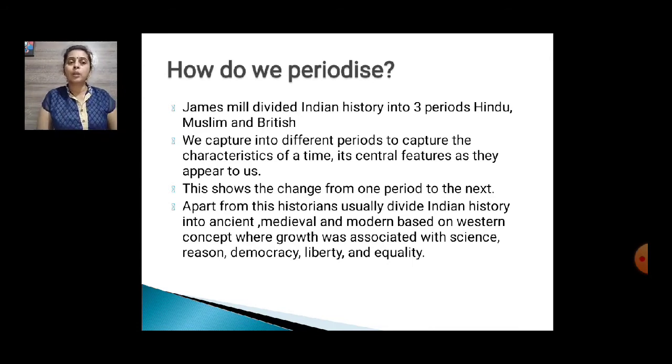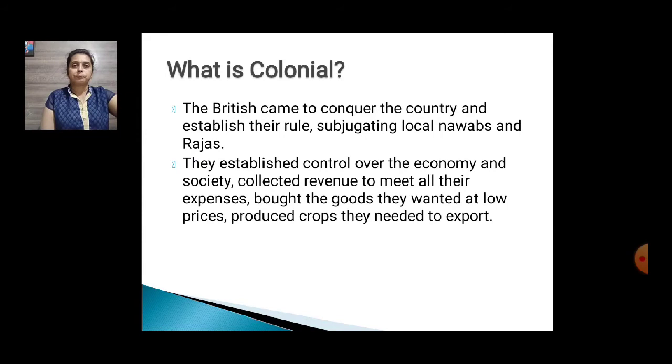Based on the growth associated with science. Science में कितना improvement हुआ? How the scientific things were there in the ancient period, the medieval period, and the modern period, with reason, democracy, liberty, and equality. उसके बेसिस पे हम ancient, medieval और modern करके उसको divide किए गए.